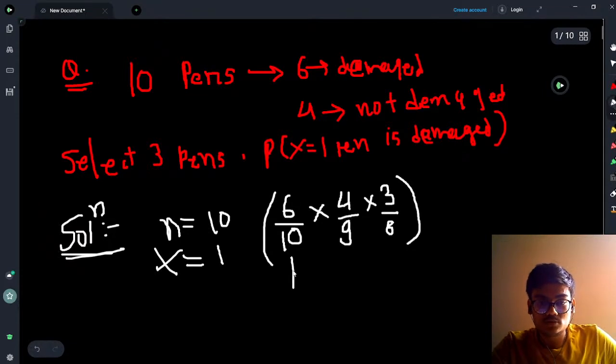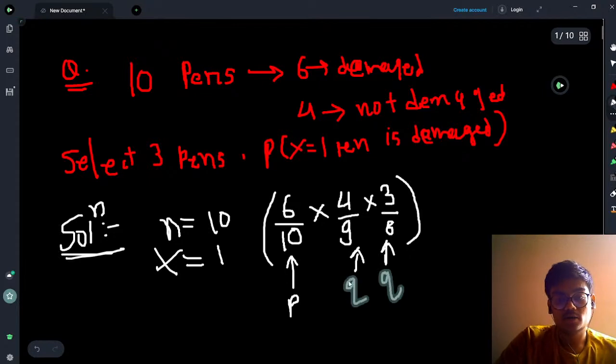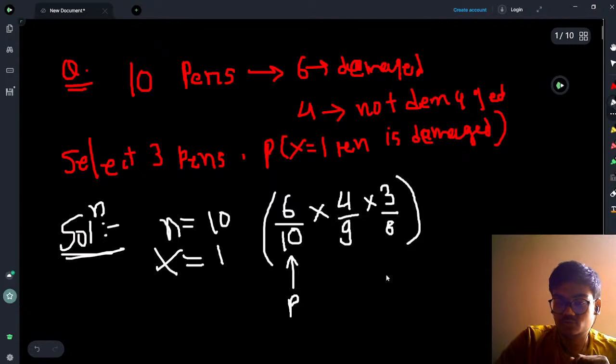This is the probability of success, and the probability of failure q is also different, so we got two different q's. That's why we can't use binomial distribution, because this is a dependent case. For a dependent case we can't use binomial distribution.